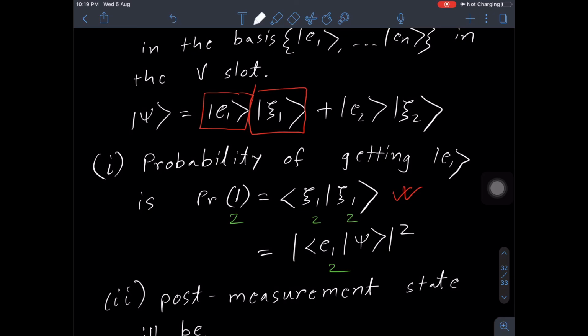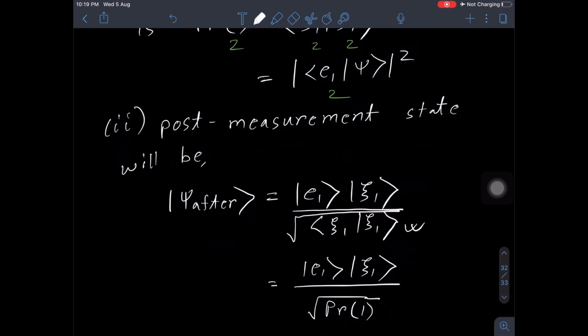And you can analogously calculate it for the second space. And the post measurement state will be a product state of Ei times xi i, normalized by the square root of the norm square. All right. So this is the idea, and this is the extended Born rule, and we will be using this idea for multiple qubit systems, and we will be performing partial measurements.